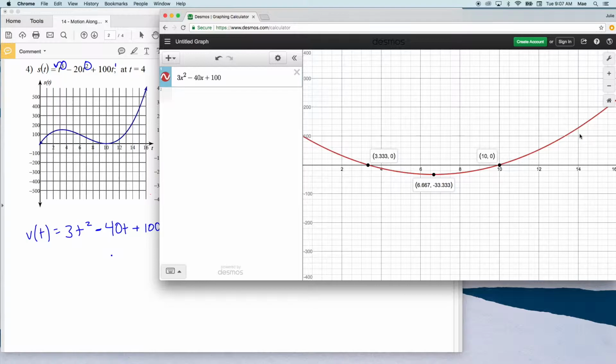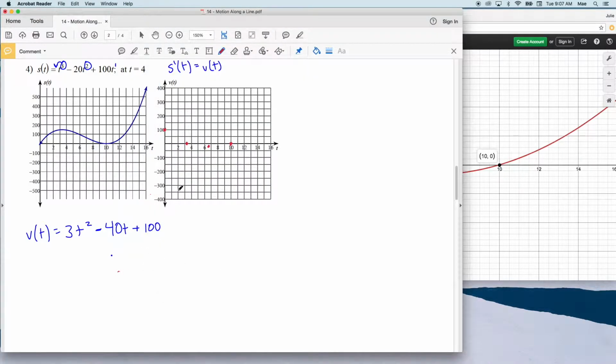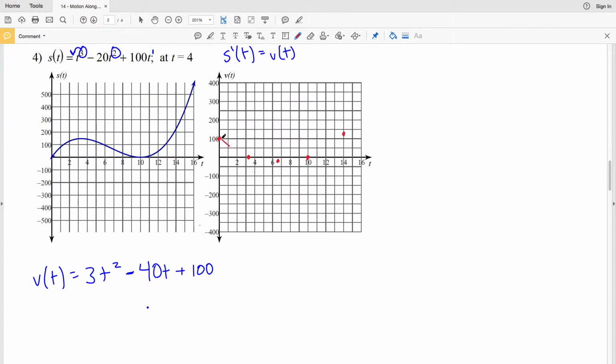And then I'll graph one more point, let's say 14. v of 14 is 128. So (14, 128). Now I'll go ahead and draw my parabola connecting my points.